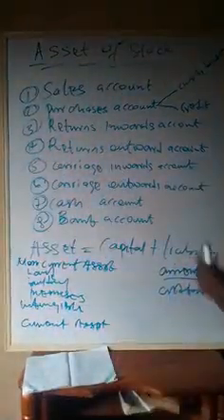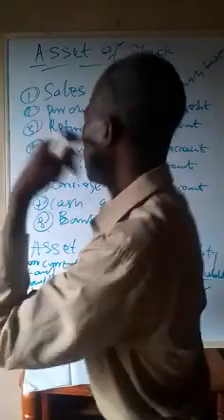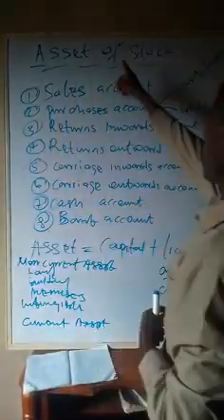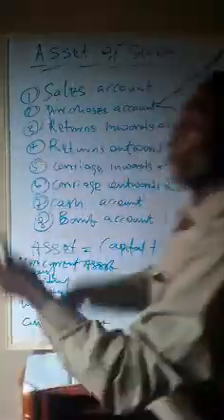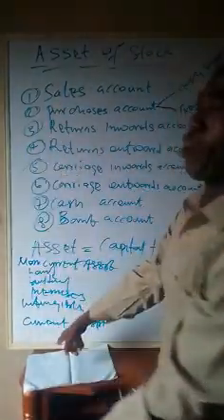Non-current assets are those assets that we purchase for the running of the business, but they bring cash inflow into the business over more than 1 year. They are not assets of stock. We don't carry them to store. It is the one that we sell on a daily basis that becomes asset of stock, and they are current assets.